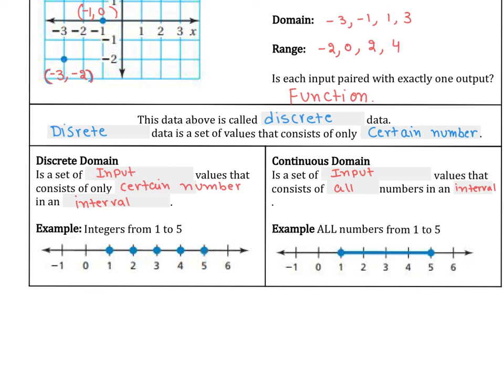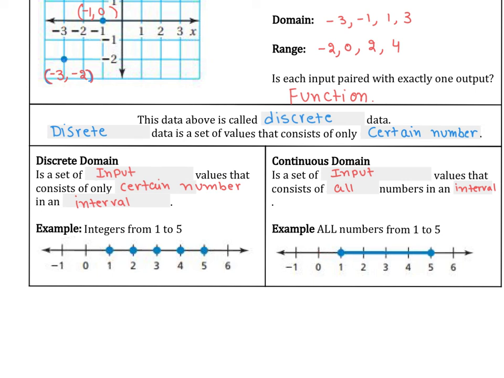It means all the decimal values will also be included. So that becomes continuous. So just see the difference between discrete and continuous. Continuous is a set of input values that consist of all numbers in that interval. So all the way from 1 through 5, if you have all numbers, that is called continuous.